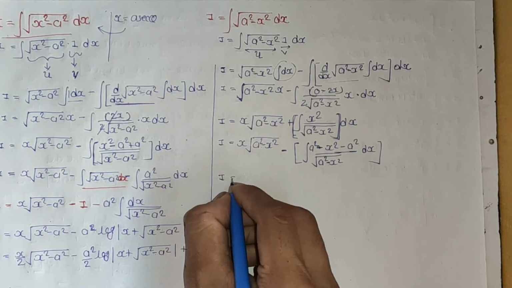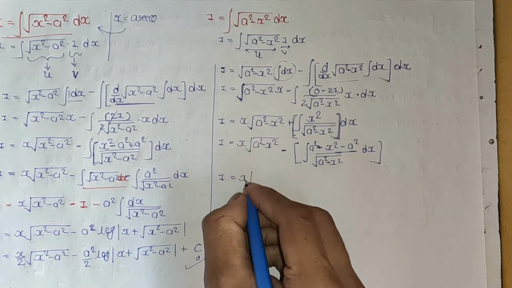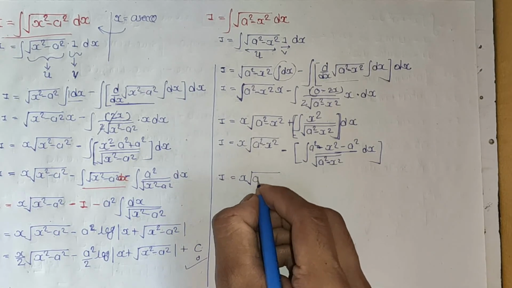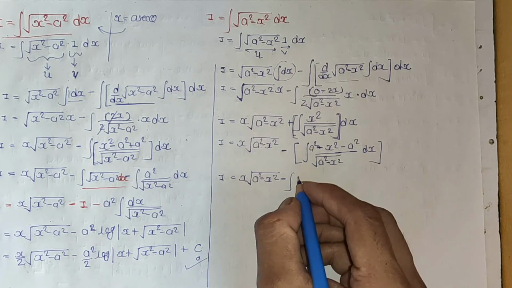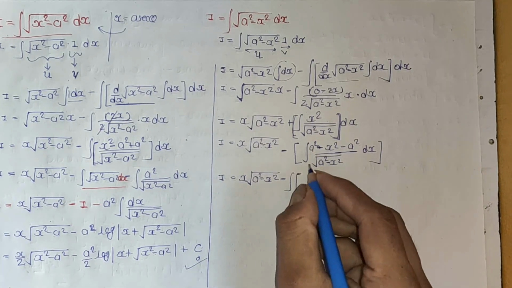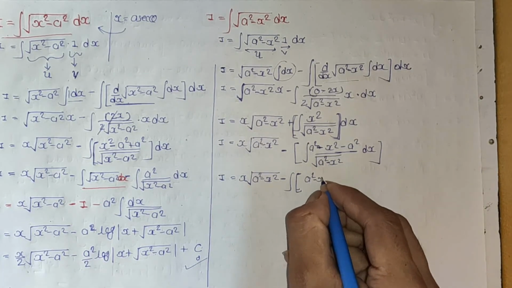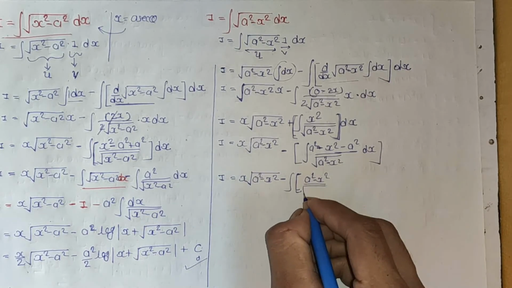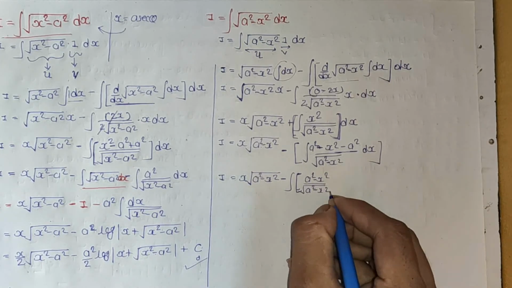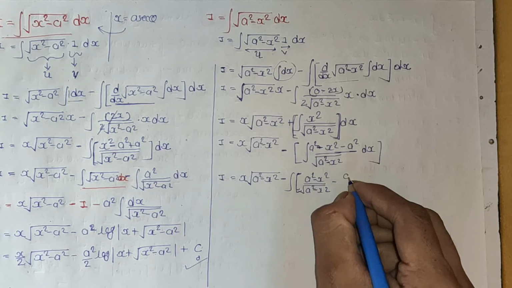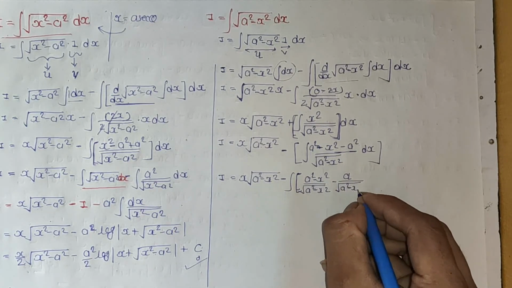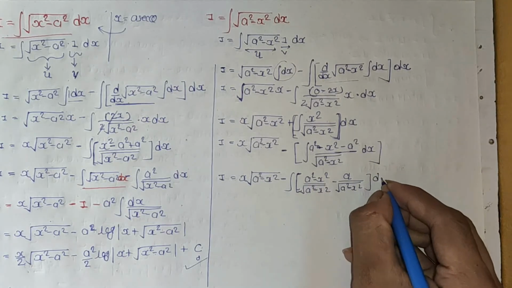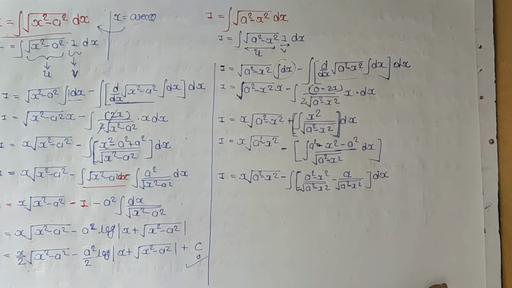Now I equals x square root of a square minus integration in bracket a square minus x square divided by square root of a square minus x square minus a square by square root of a square minus x square, close the bracket, dx.